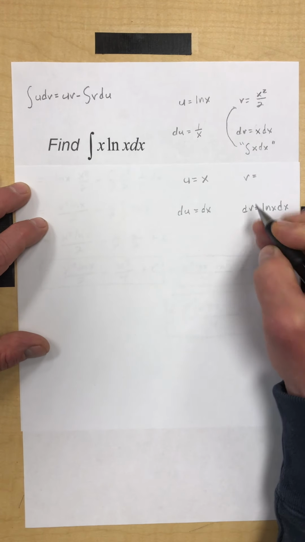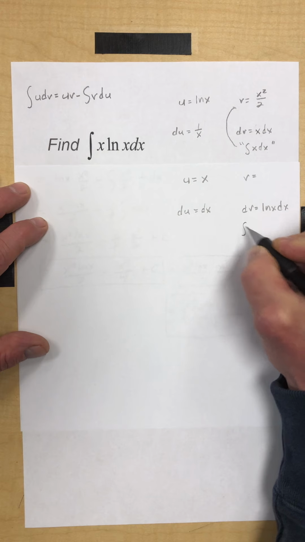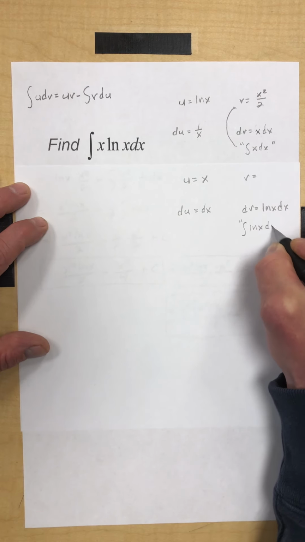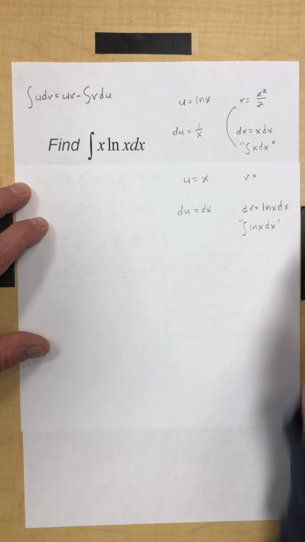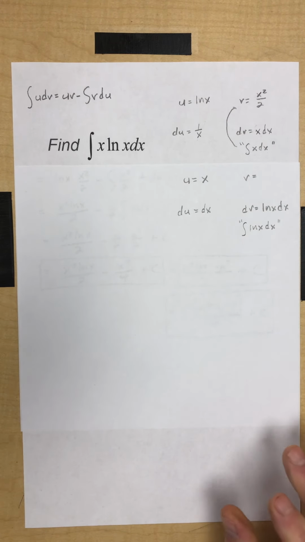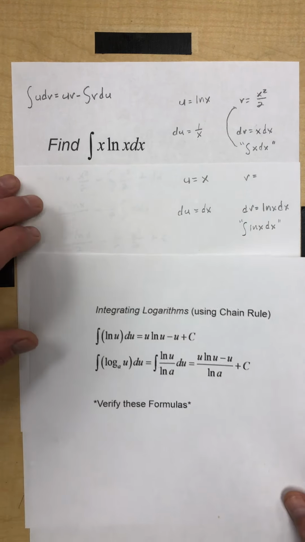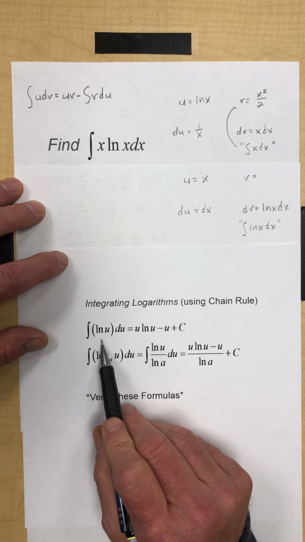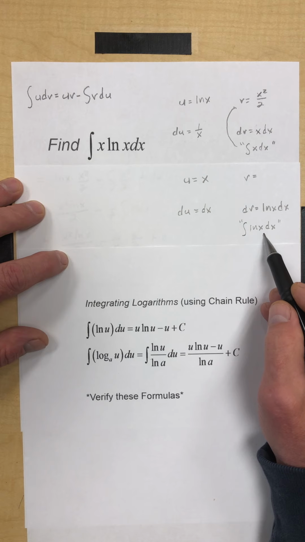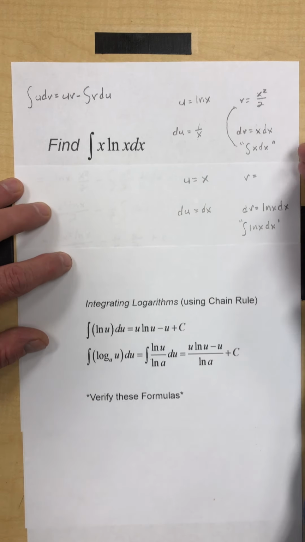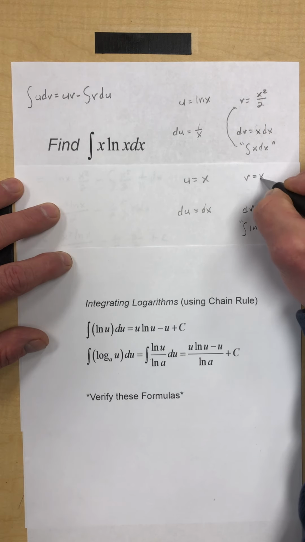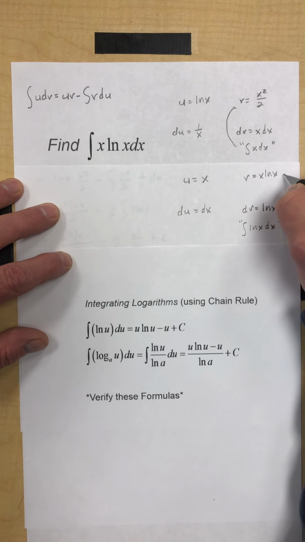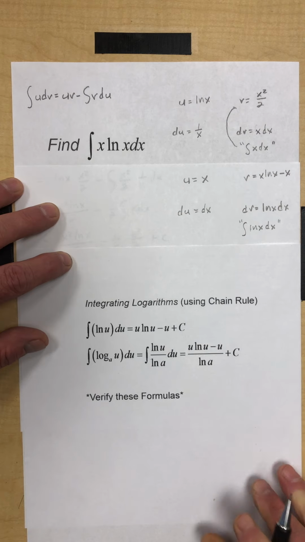Now right here, remember, I would have to integrate natural log of x dx to go back to my v. So this comes back to what we were doing last week. When I integrate this, I'm going to get x natural log of x minus x.